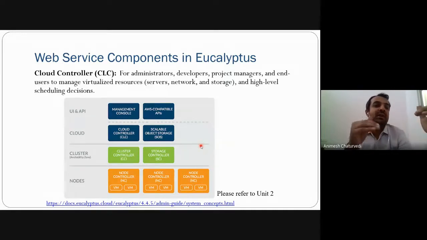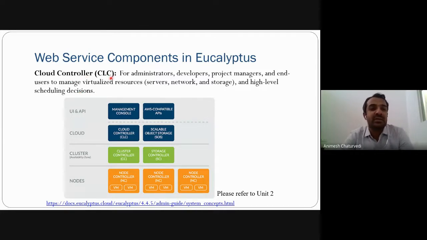So we are discussing the web service components of Eucalyptus. Web service components means there are various web services running on this Eucalyptus infrastructure as a service, which is being promoted and developed.